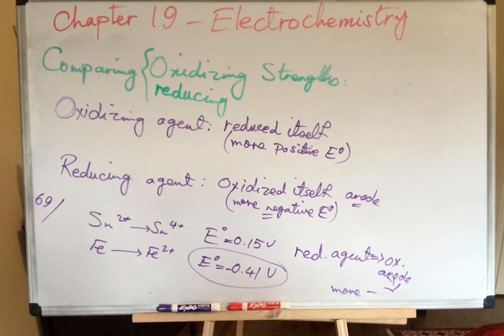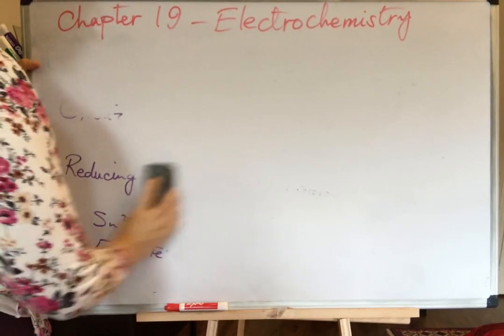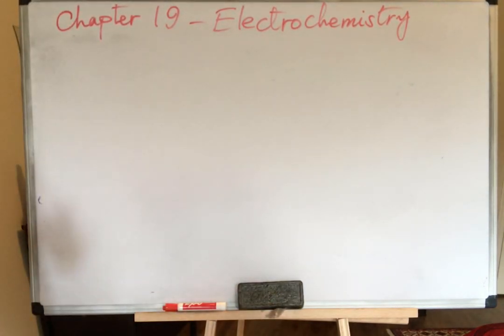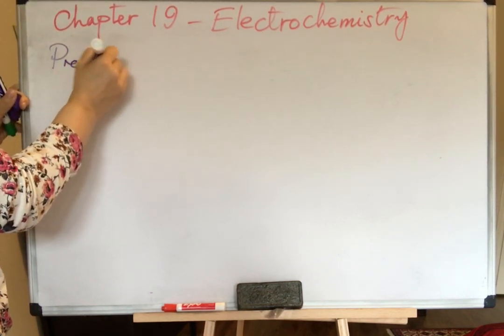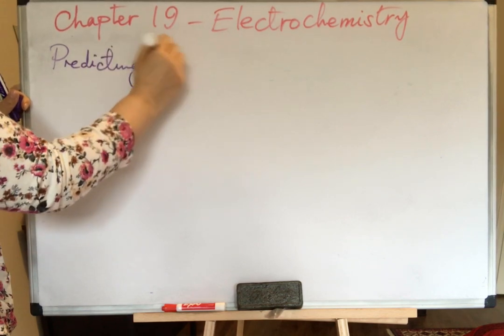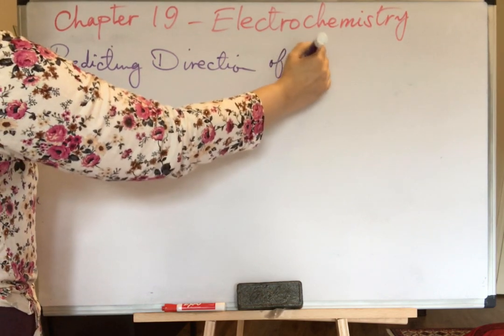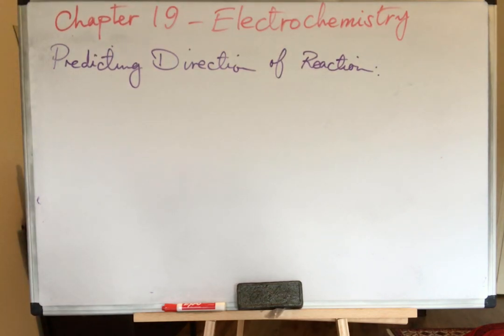Also, you can predict the direction of the reaction based on the electrode potentials. You can predict the direction of the reaction when you compare the relative oxidizing or reducing strengths.